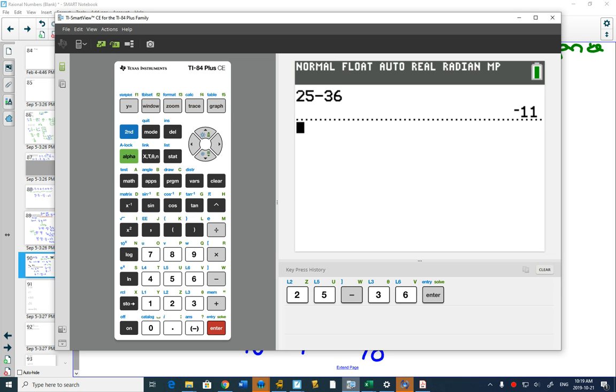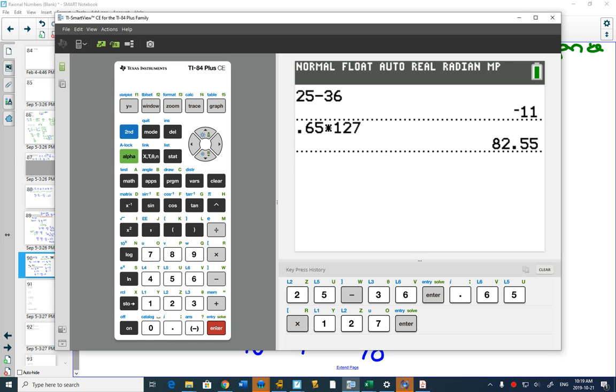You're paying 65% of the price. So 65% of 127 is 0.65 times 127. You can figure out that you will be paying $82.55 plus tax.